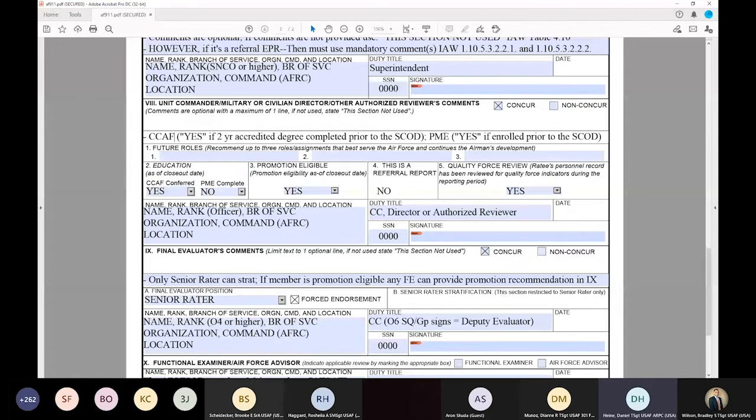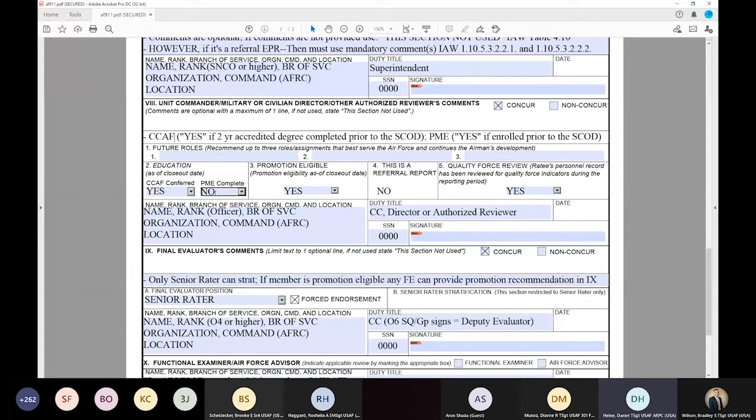The PME complete, this would be marked yes if the member is enrolled prior to the closeout date of the report. The member does not specifically have to complete PME as long as they are enrolled into PME prior to the closeout date. This can be marked yes.